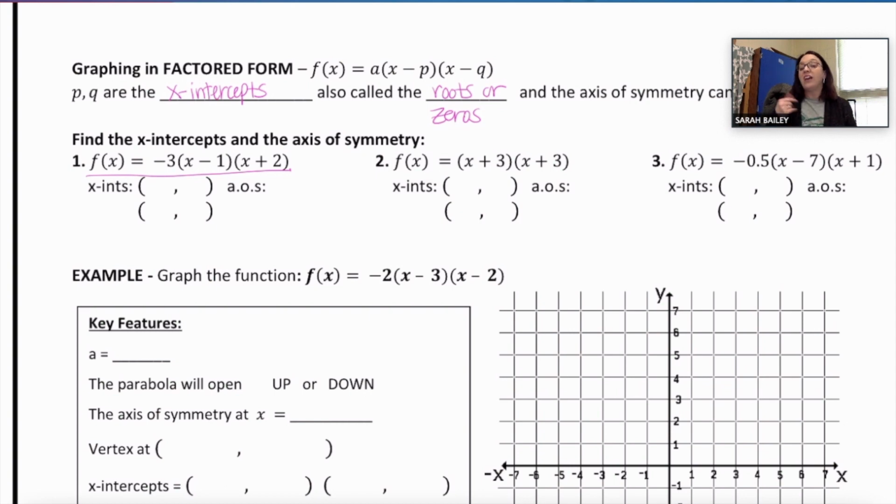So the factors are negative 3, x minus 1, and x plus 2. Either x minus 1 is 0 or x plus 2 is 0. If x minus 1 is 0, then x would be 1. If x plus 2 equals 0, then x is negative 2. So my x-intercepts are 1 and negative 2.